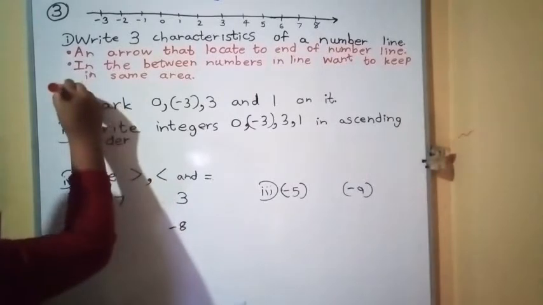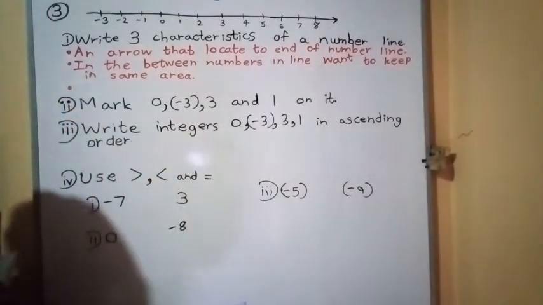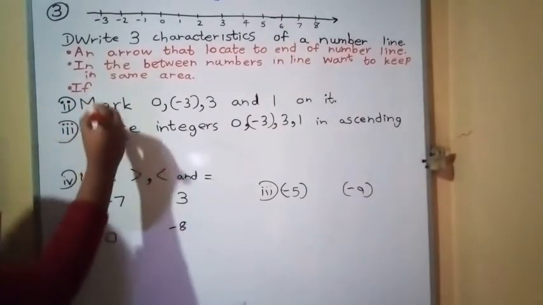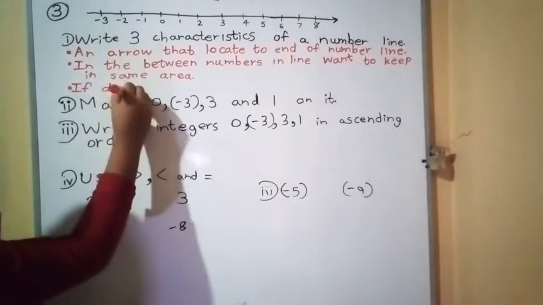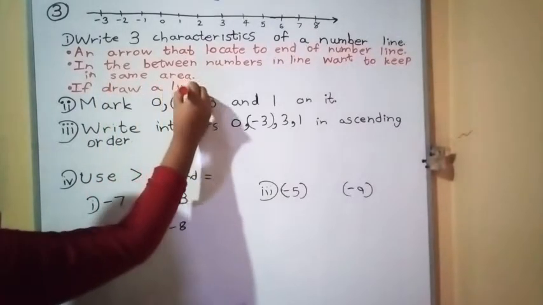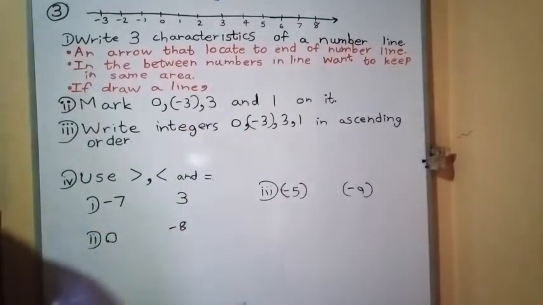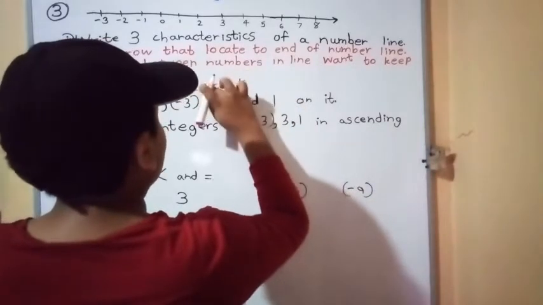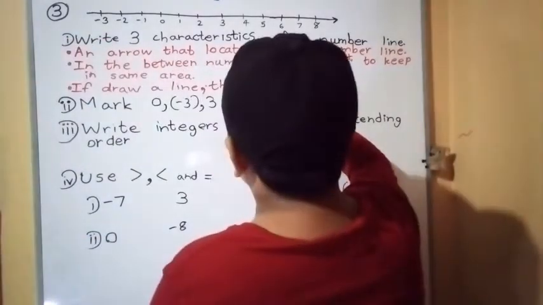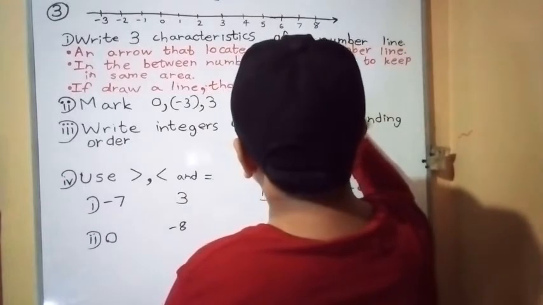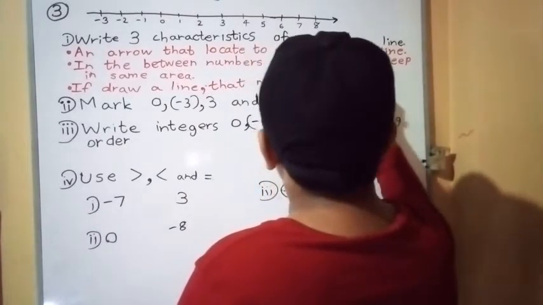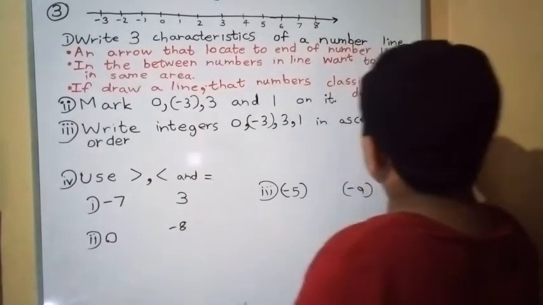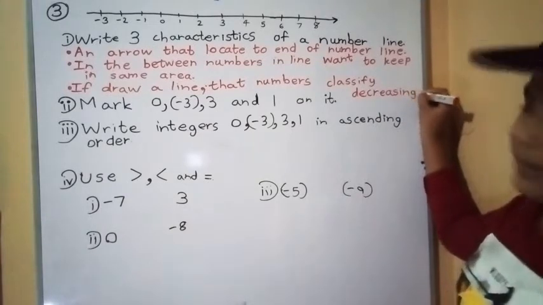Now what is the third one? Third one is, if you draw a line, the numbers classify as decreasing, right?